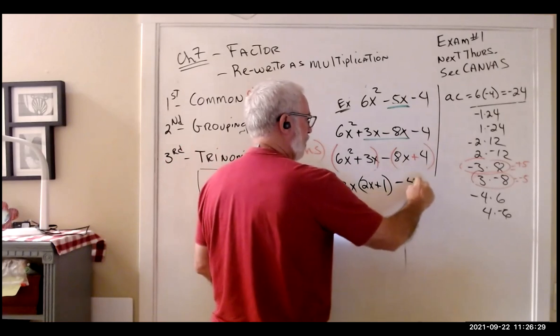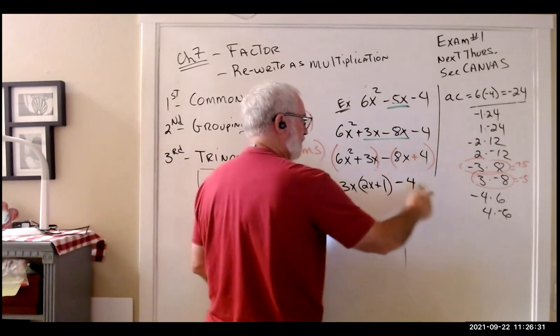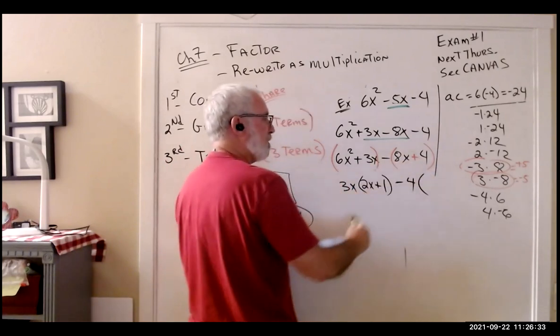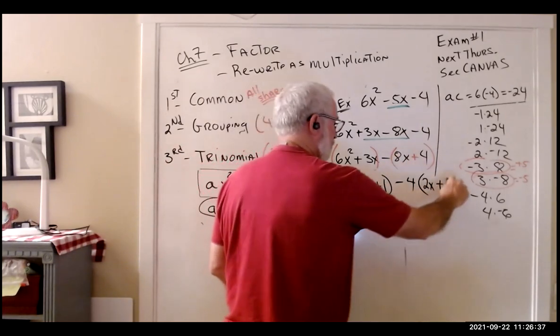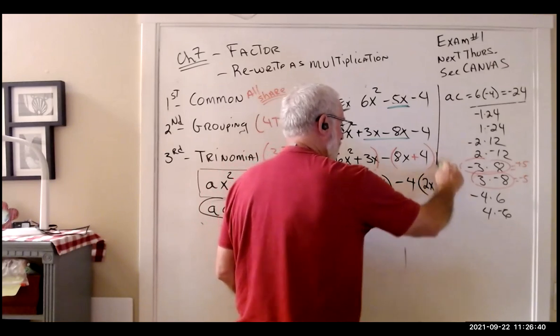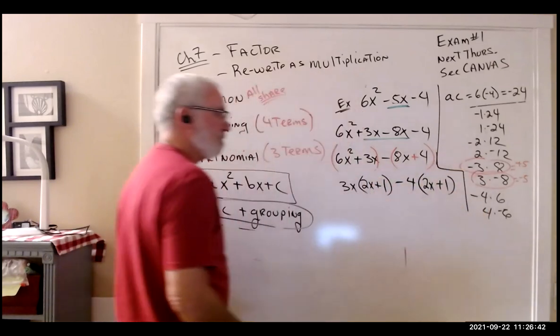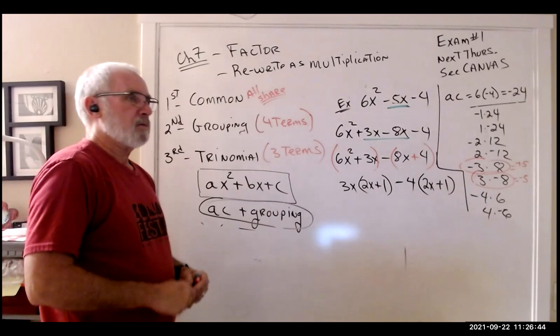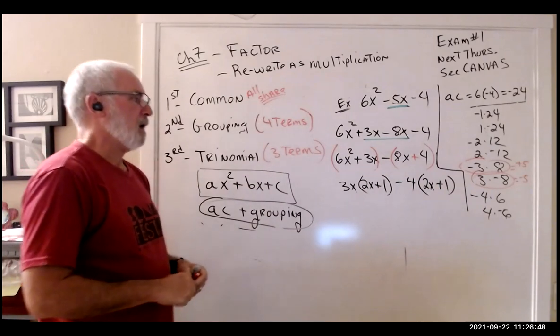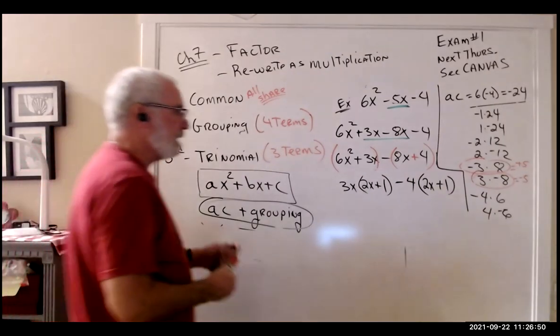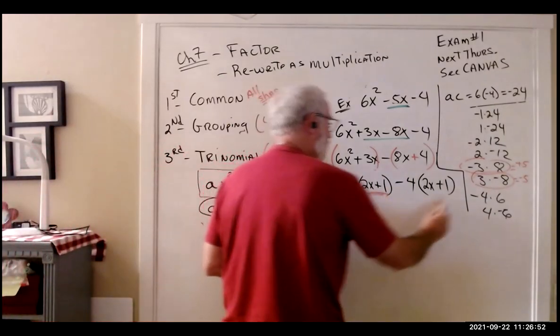Well, they have a 4. 4 goes into both of them. If I factor out a 4, it leaves behind a 2x plus 1 again.